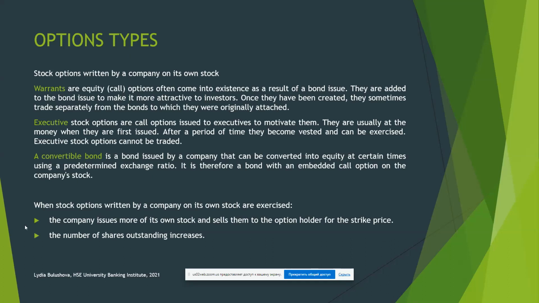It's possible that they're exchange traded, but quite often they're OTC contracts. So first of all, there exist warrants. They might be equity, they might be exchange traded, they might be OTC.